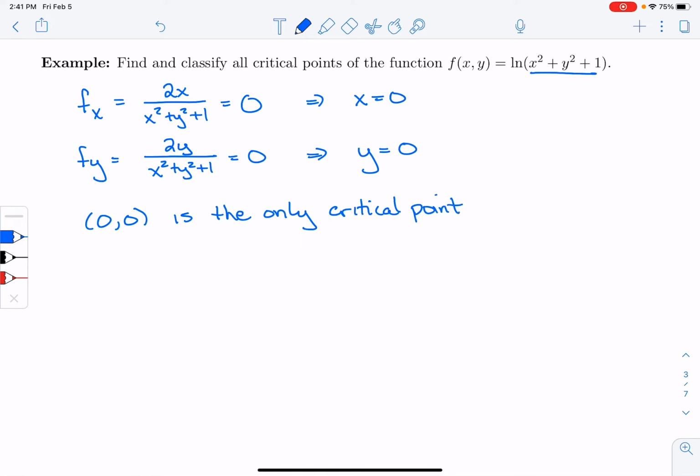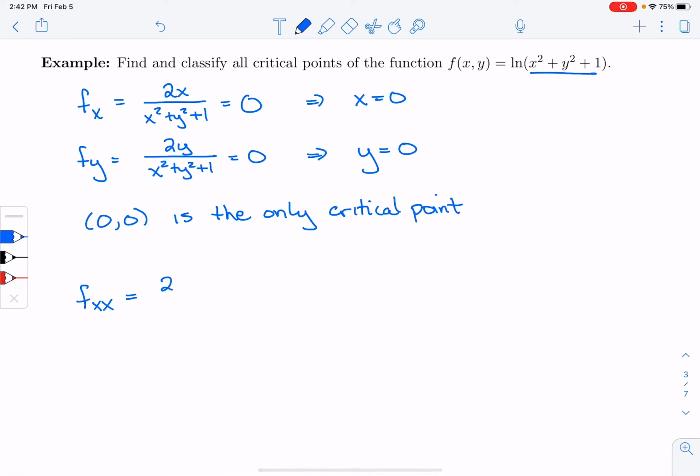Now, the next thing that I need to do is find that Hessian matrix. Okay, so I want to classify the critical point. I need to find the Hessian matrix. So I'm going to take the x derivative of the x derivative. Okay, you can see that I have a quotient, so I'm going to use the quotient rule. Okay, the derivative of the top is 2.